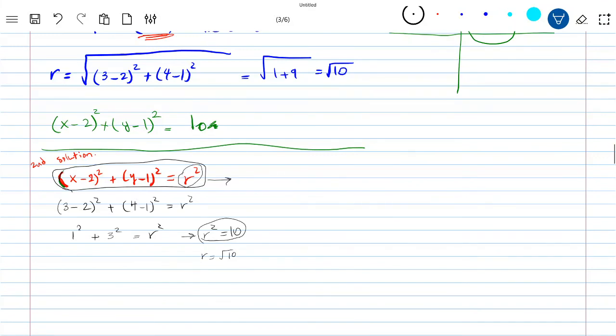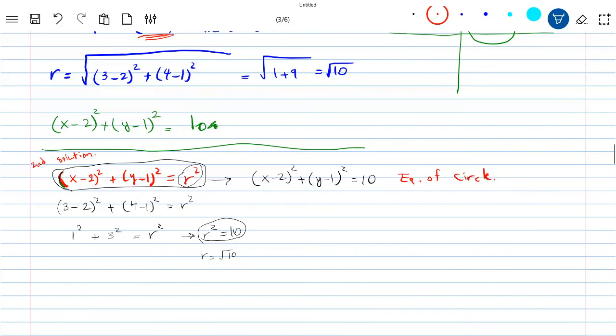So the equation is x minus 2 squared plus y minus 1 squared equals r squared, which is simply 10. As I said earlier, any point on the circle should satisfy the equation. So by replacing 3 and 4 into the equation, I'm just checking what r squared must be to satisfy this equation. And this is basically the equation of the circle.